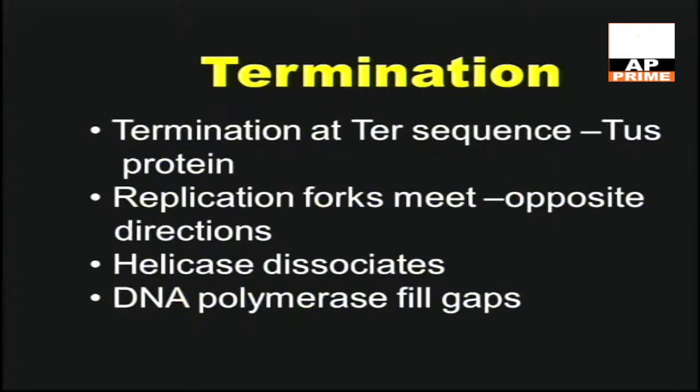The replication forks have to terminate and stop DNA synthesis at a specific point. This is done at particular sequences called termination sequence sites, just on the opposite side of the origin of replication. This termination sequence is recognized by a protein called TUS protein, terminus utilization substance protein.